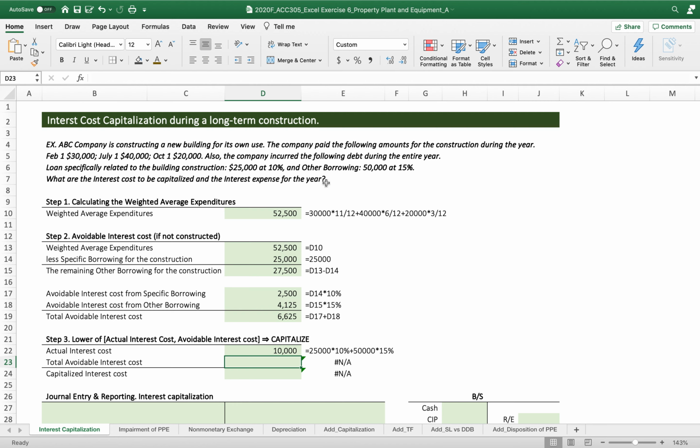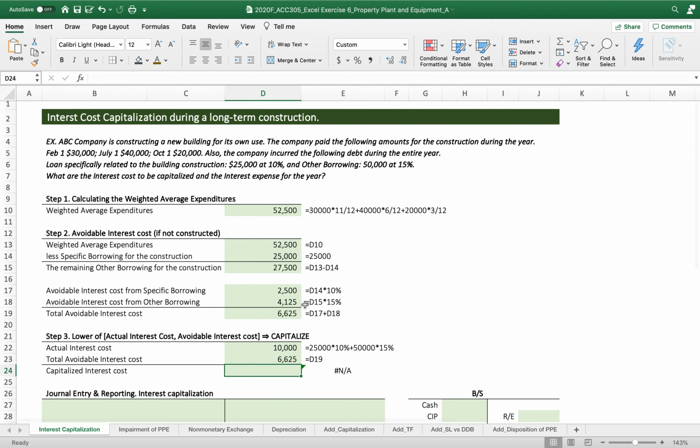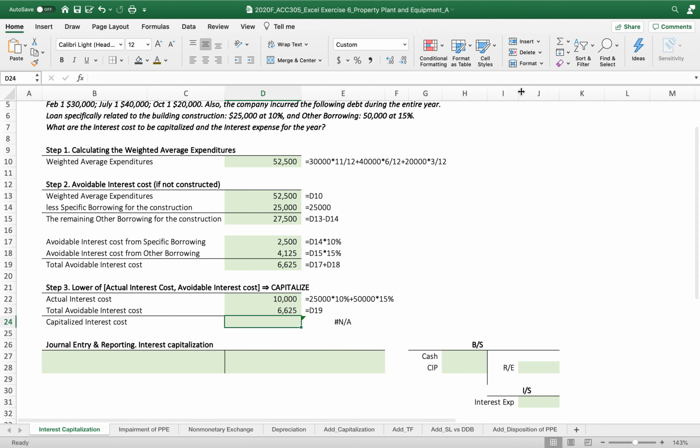So the interest rate should be applied annually. And the total avoidable interest cost we already calculated here, 6,625. Which one is lower? Yes. So we choose the total avoidable interest cost, 6,625. That is the capitalized cost.